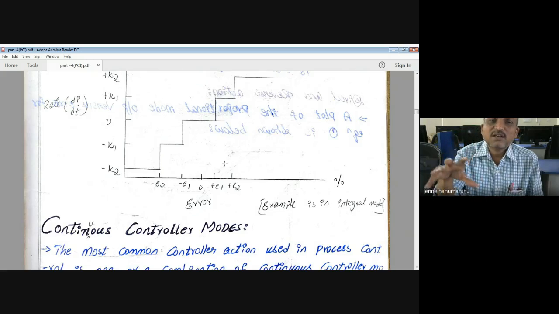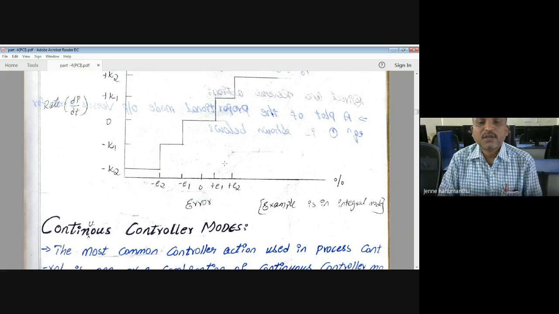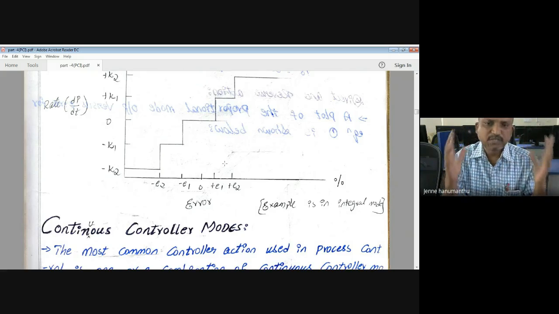That's what the discontinuous controller modes are. In any control system, the controller has a major responsibility, because based upon the control actions, the whole system is controlled.